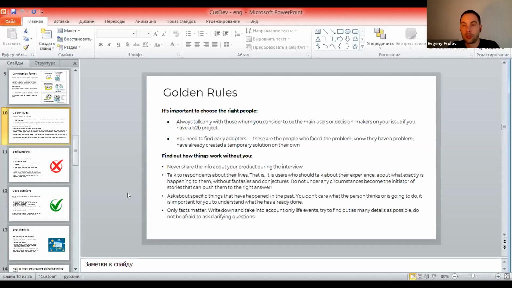And how much do they spend on solving this problem? If they spend $1 per year on solving this problem, most probably it's not a big problem for them, and most probably they will not buy your solution when it is ready.